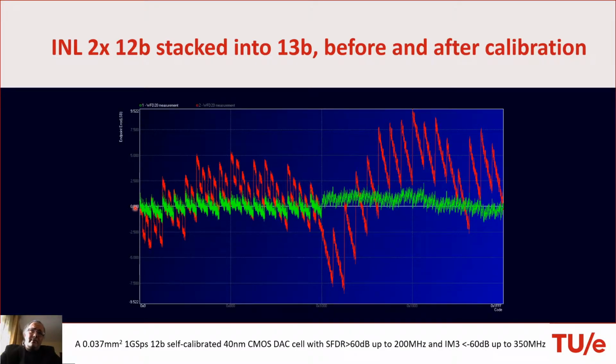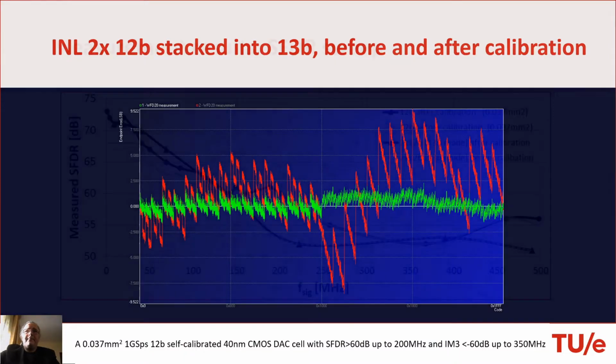However, if we run the calibration, they're aligned. So yeah, in real life it will not be used like this, but this is just to illustrate the big mismatches that exist between DAC cells and how the calibration can help.